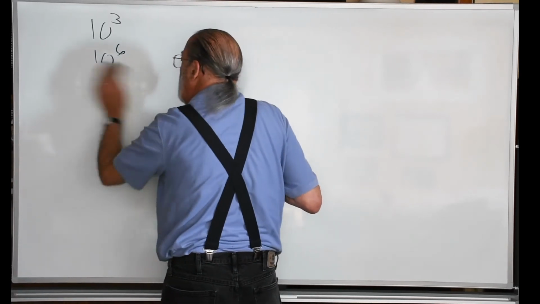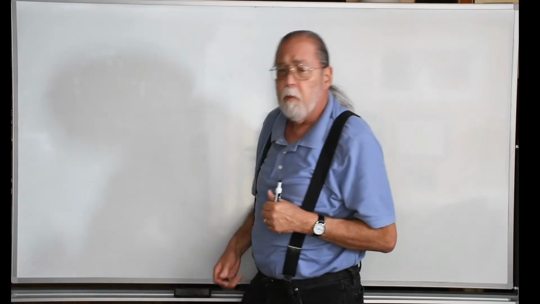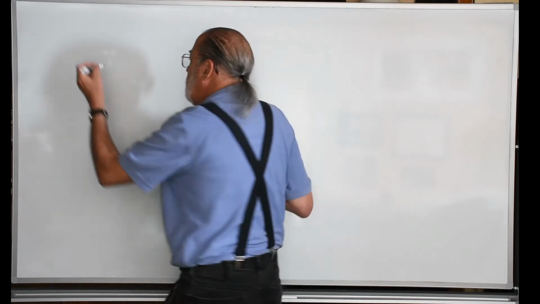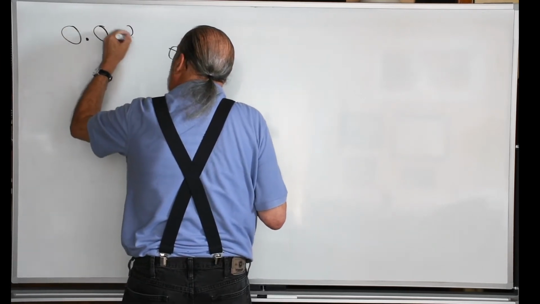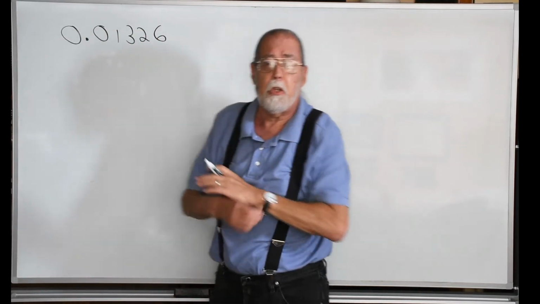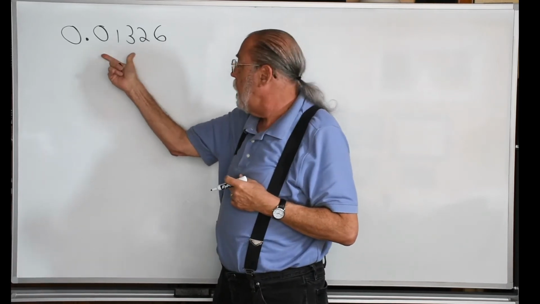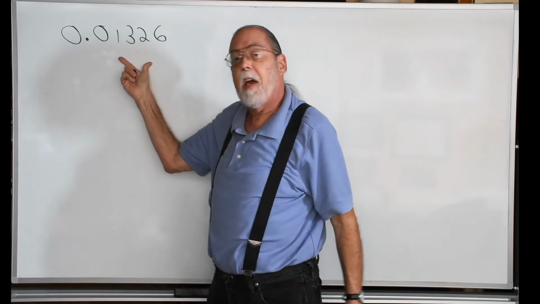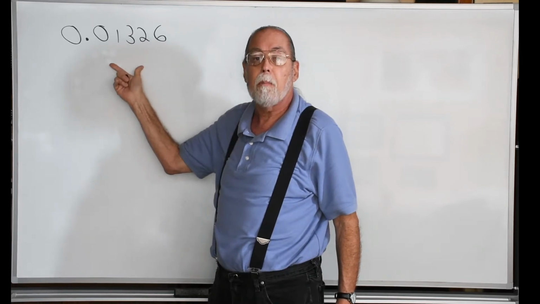To write a number in scientific notation, you may have learned that you move this left, you move this right, and so forth, but it's actually quite easy. First, we write down the number. There's the number in standard notation. Note that for this one, the number is less than 1. This means that we're going to have a negative exponent.